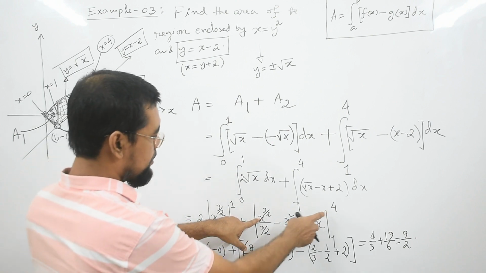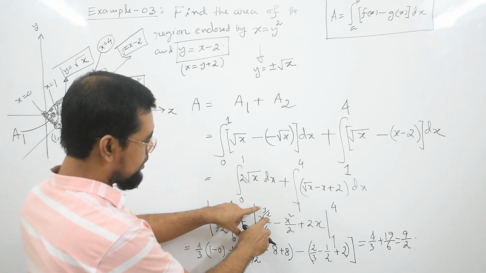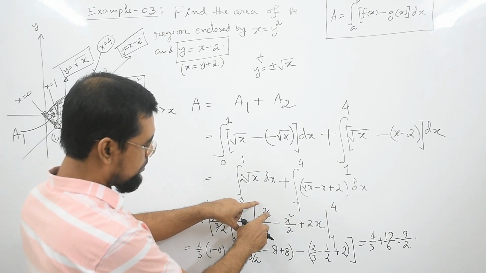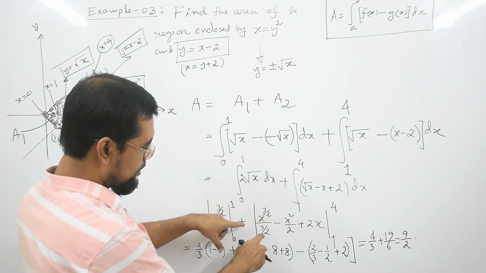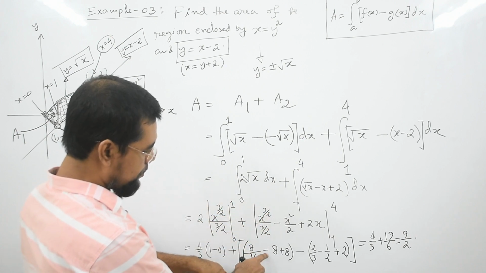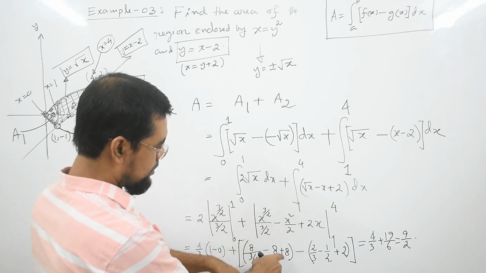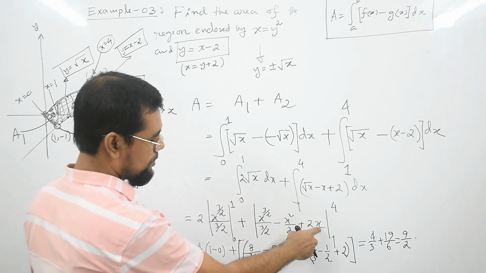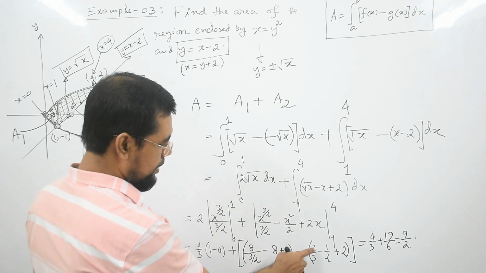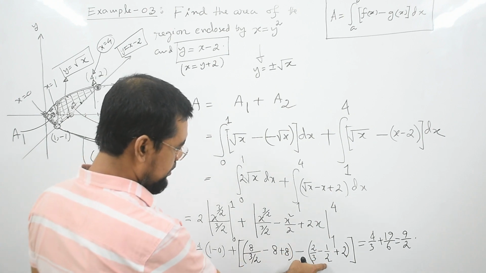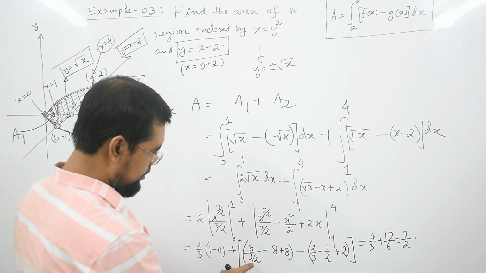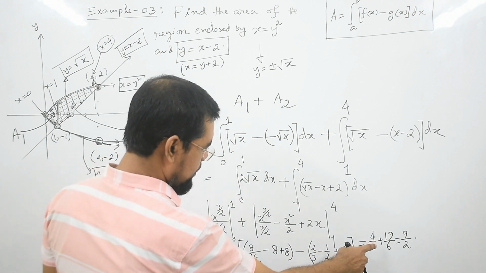If you put upper limit, it will be 4 to the power 3 by 2, it means 2 to the power 3, it means 8. So 8 divided by 3 by 2, minus 4 square, 16 by 2, 8 plus 4, 2 times 4 equal to 8. Minus, if you put 1 here, you will get this, and this one will be this.